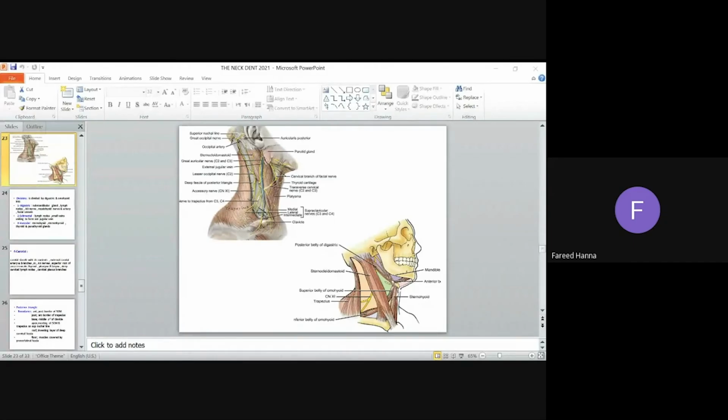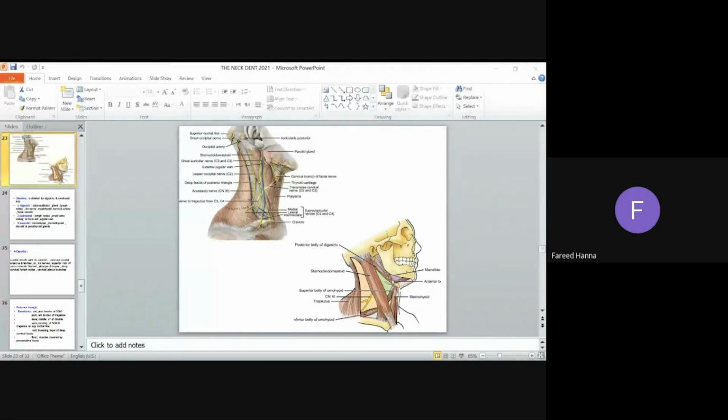The third triangle is the carotid triangle, bounded by the posterior belly of digastric, the superior belly of omohyoid, and the anterior border of sternocleidomastoid muscle. The carotid triangle is covered again with skin, superficial fascia, and investing layer.